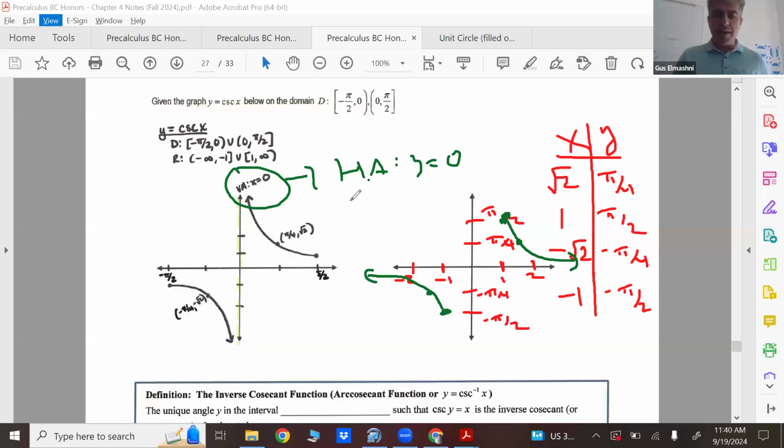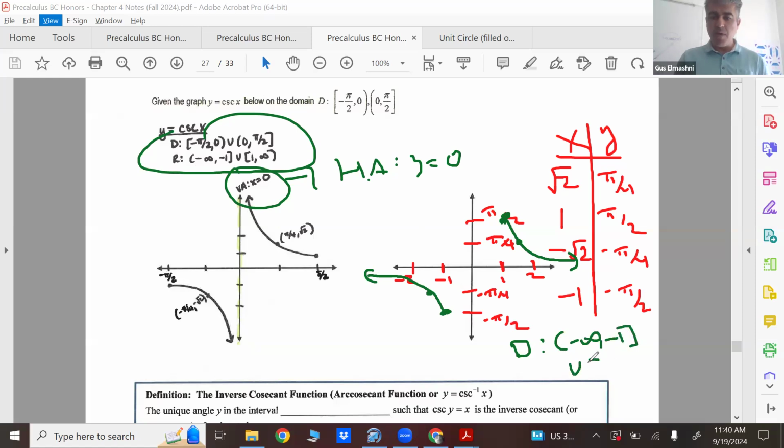Sorry, let me take it back. It totally fits. So domain and range have to switch, right? So what's my domain now? It's from negative infinity to -1 inclusive, union 1 to infinity. What's my range? That's going to be the domain from before.